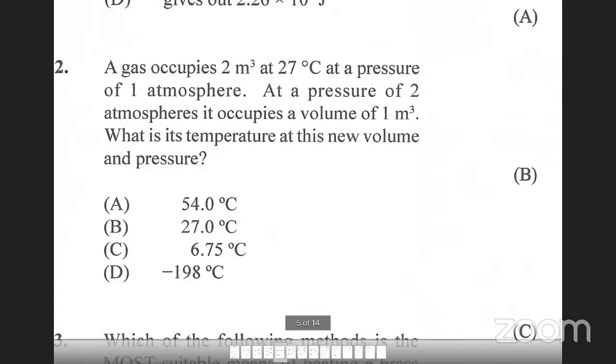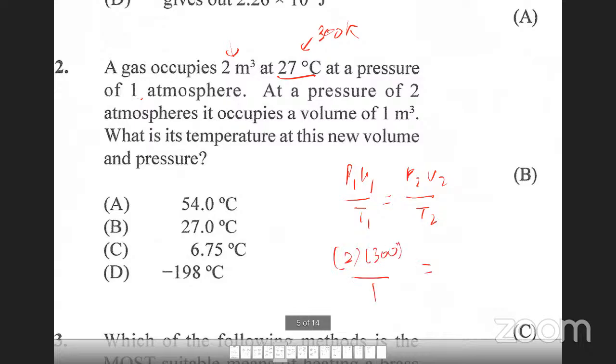Remember, when you're doing questions like this, right? Make sure your temperature is in Kelvin, right? So you have P1, you have T1, and you have V1. So everything is changing, so we're using the general gas law. Right, so that's 1 times 2 over 300, equals 2 times V2 over T2.